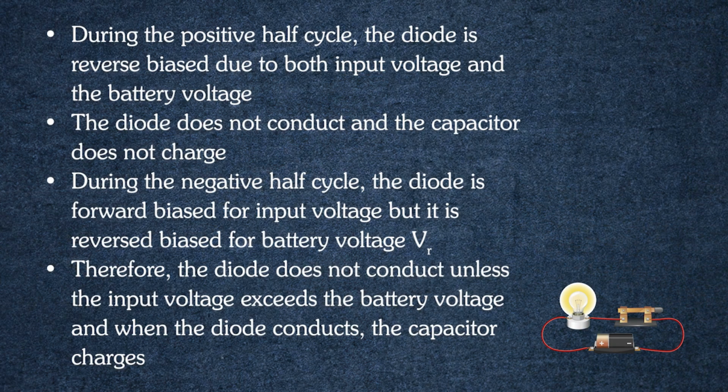Now, what happens when the negative half comes? During the negative half cycle, the diode is forward biased for the input voltage, but it is reverse biased for the battery voltage VR. Therefore, the diode does not conduct unless the input voltage exceeds the battery voltage, and when the diode conducts, the capacitor charges. Suppose the input voltage is Vs and the battery voltage is VR.